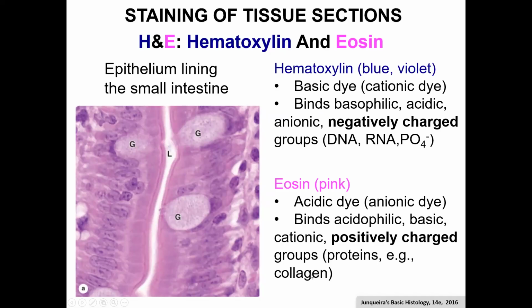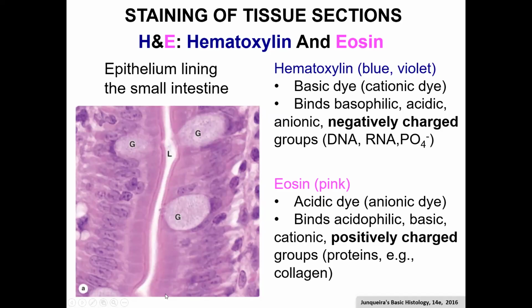You'll soon see that collagen is one such protein that contains many positively charged groups that stain very well with eosin. Eosin is an acidic dye, an anionic dye. It binds acidophilic, basic, cationic, positively charged groups.